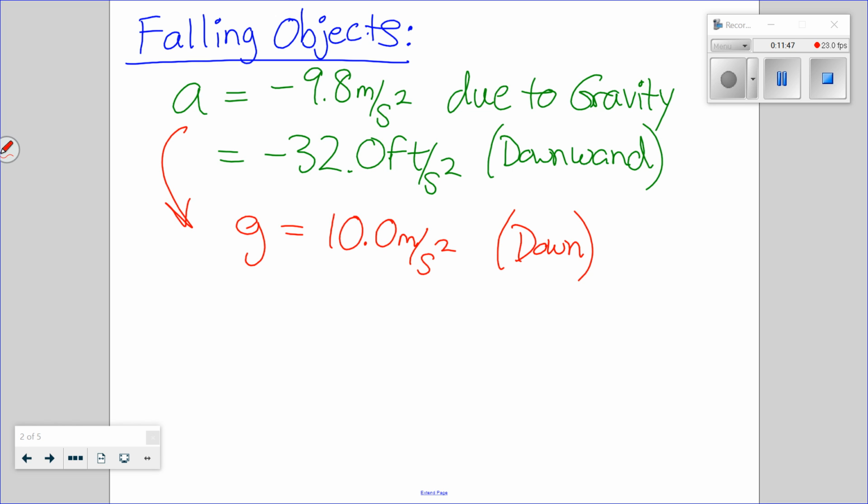Okay, but so I can release an object from rest. I've got like an ink pen in my hand here. I can release it from rest, and it's not moving. And then it starts to move down, and then it moves down faster and faster and faster. So at least we can agree that things, when released from rest near Earth, start to fall, and they fall faster and faster. So they're accelerating down. Okay? Yeah?